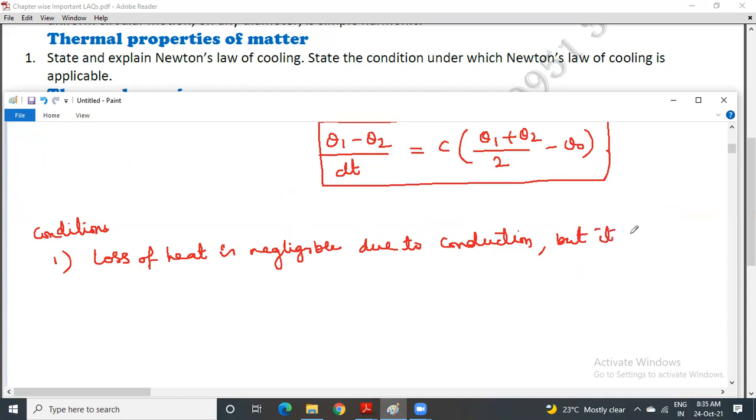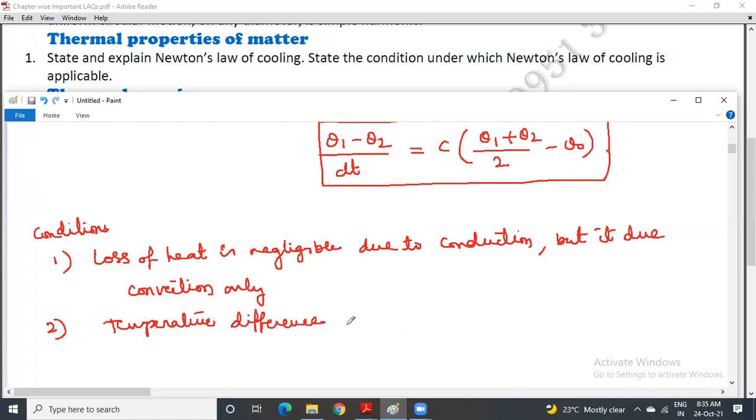It is due to convection only. Second point, the temperature difference is small.